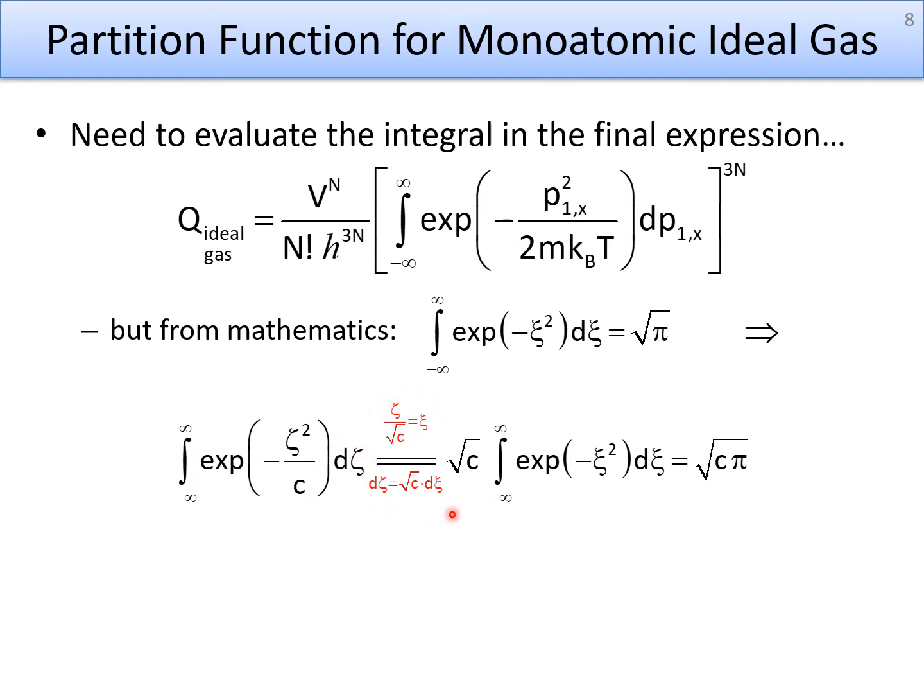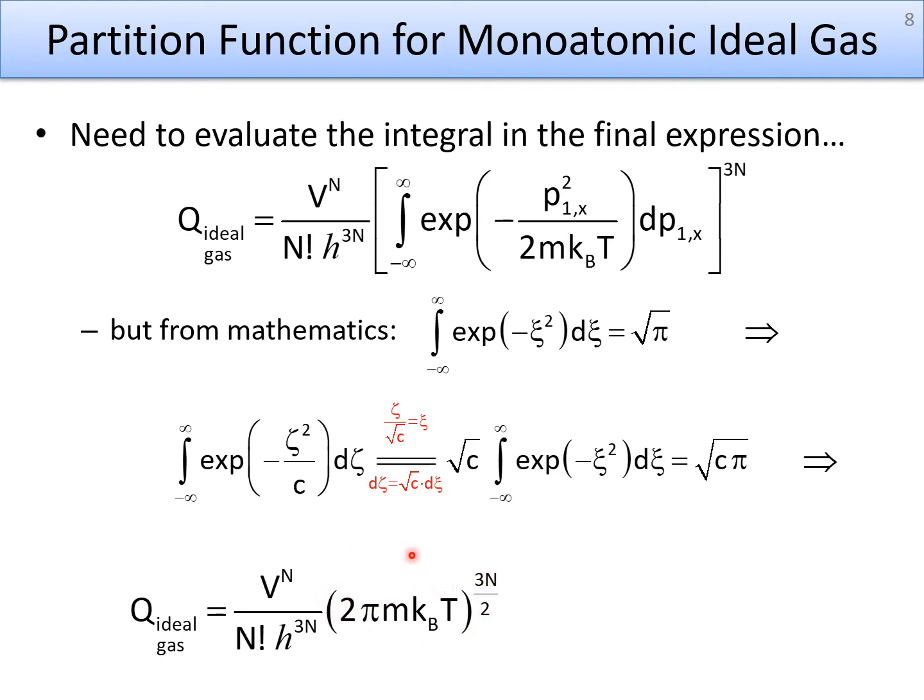If we do that, we find that this integral is equal to the square root of c times this integral. Now this one we know is the square root of pi, so this expression is simply equal to the root of c times pi. Now if we use this result back in our relation, we find that the partition function of the ideal gas is this thing that we saw here times this expression over there.